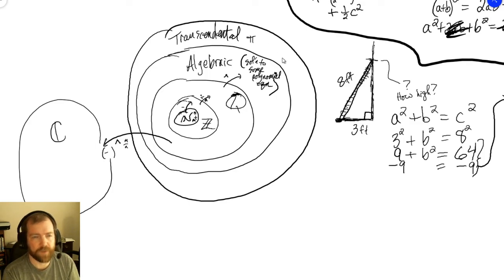Transcendental numbers are going to be things like pi and e, and anything that looks like 0.10100100001, stuff like this. Things that have generative patterns, but you can't actually come up with an algebraic number to describe it.